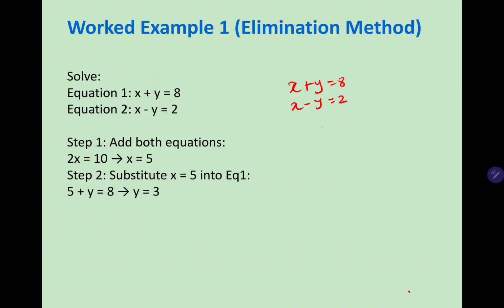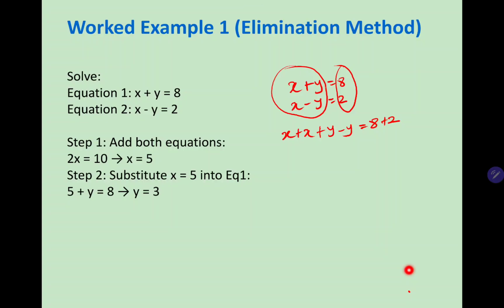Here, if we add both equations, it's going to eliminate y because y has a negative sign here. When I say add, I mean we add the left hand side of the equations together and we add the right hand side of the equations together. So x plus x plus y minus y is equal to 8 plus 2.